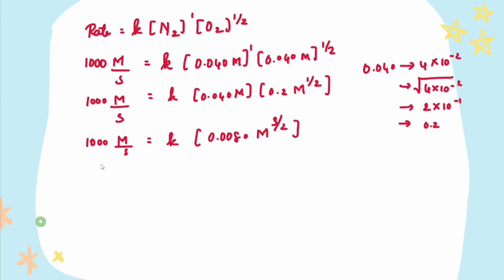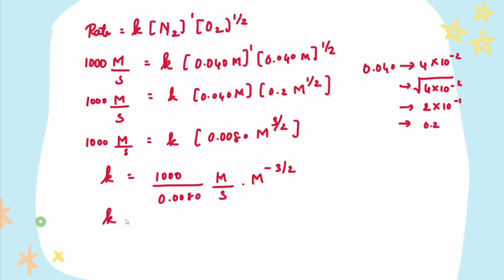Now what I'm going to do is keep this constant here and take this thing over there. So k will be equal to 1000. I will keep the unit away for the understanding. So 1000, this will go to this side, so it will be divided by 0.0080, with molarity per second, and for this it will be molarity 3 by 2. When we take the reciprocal of it, it will be molarity minus 3 by 2.